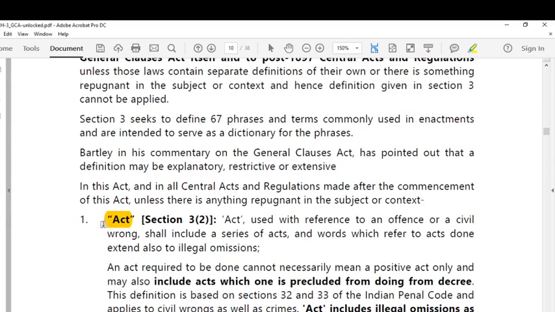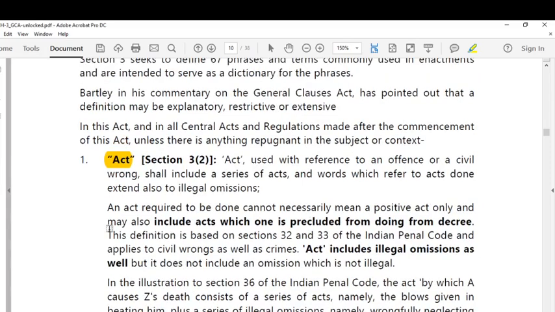In the act, all the central acts and regulations made after the commencement of this act, unless there is anything repugnant in the subject, these definitions will be applicable for all the bare acts made by the Indian Parliament and the regulations made thereunder.